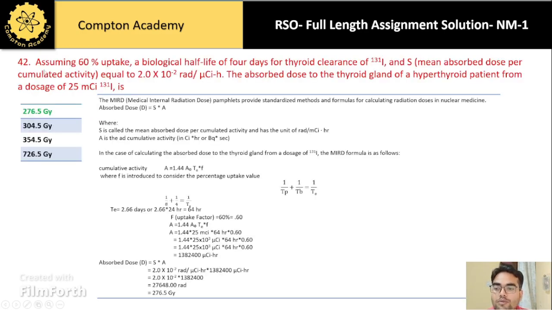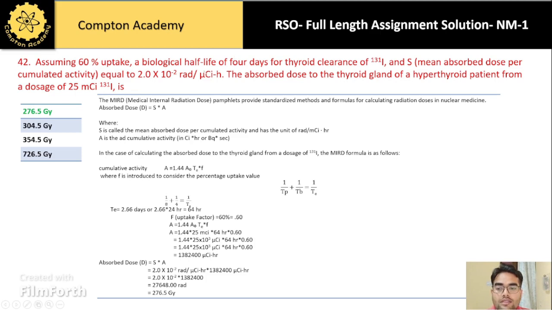Now question number 42: assuming 60% uptake and a biological half-life of 4 days for thyroid clearance of iodine-131, here S, the mean absorbed dose per accumulated activity, equals 2.0 × 10^-2 rad per microcurie-hour. Find the absorbed dose to the thyroid gland of a hyperthyroid patient if a dose of 25 millicurie of iodine-131 is used.